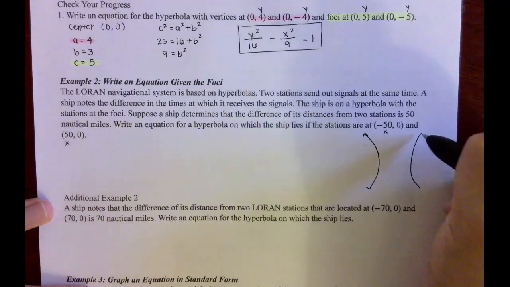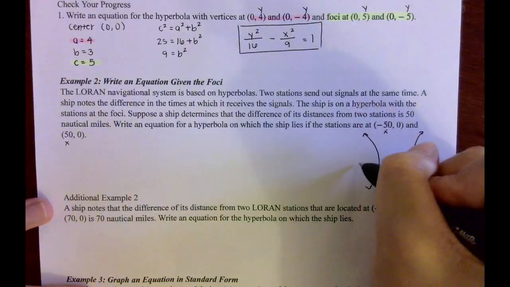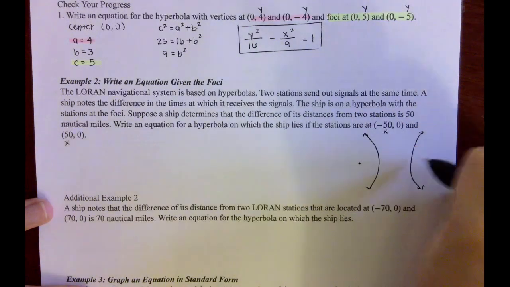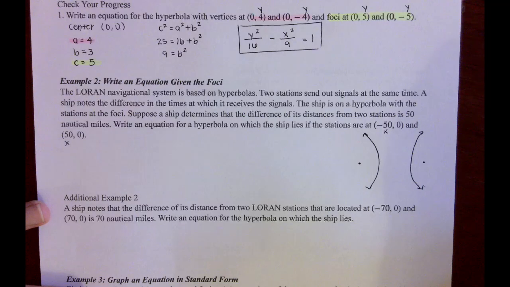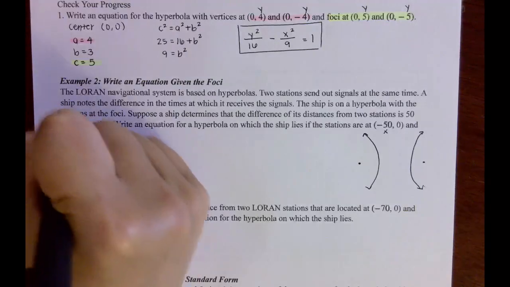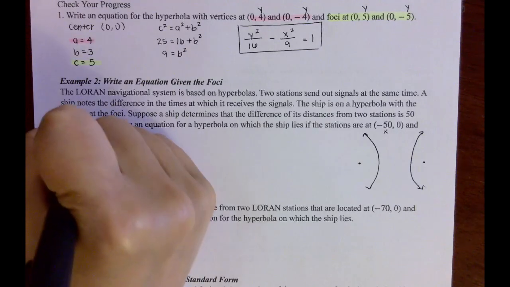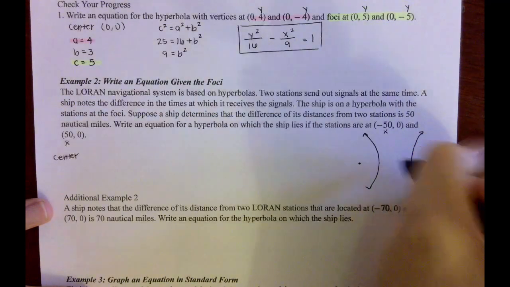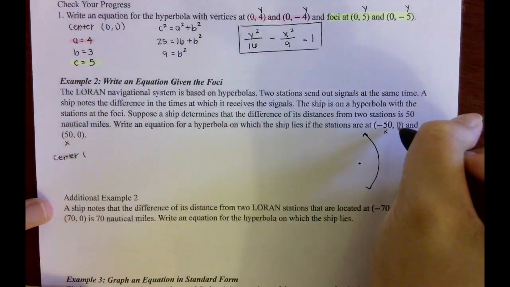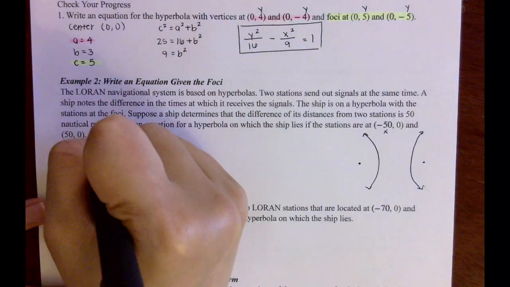One of them here is at negative 50, 0, and the other one is at 50, 0. So this tells me where the center is, because the center will be in the middle of it. So the center here, between negative 50, 0 and 50, 0, would be 0, 0.